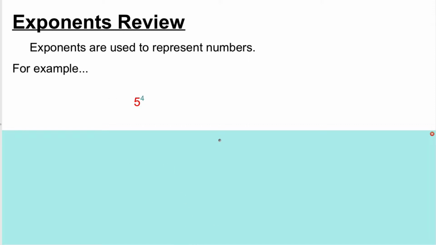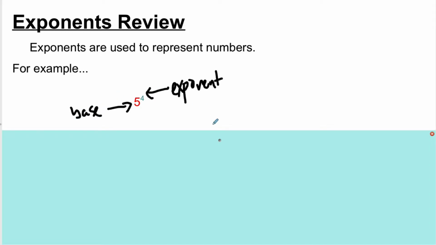The first thing that you're going to want is, what are these two numbers referring to? The 4, the little tiny guy, is your exponent, and the 5 in this example is known as the base.